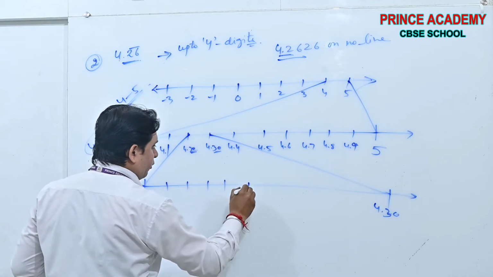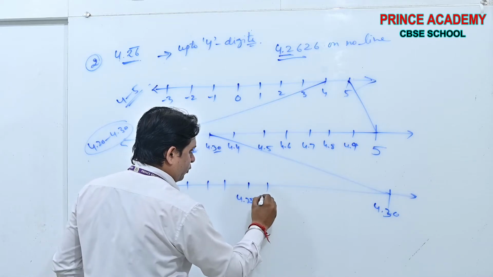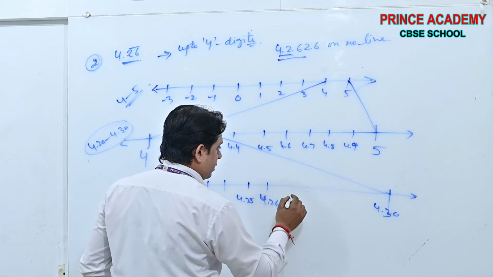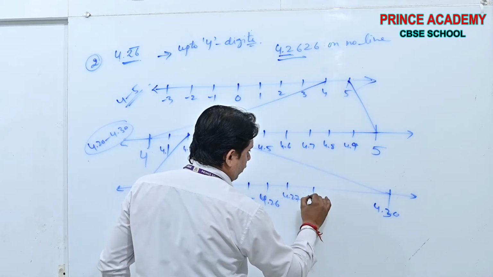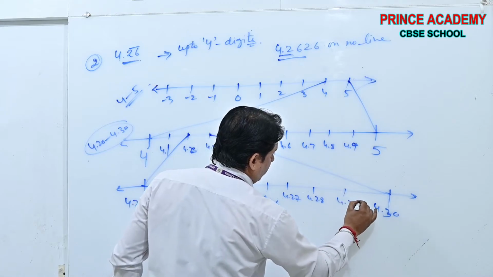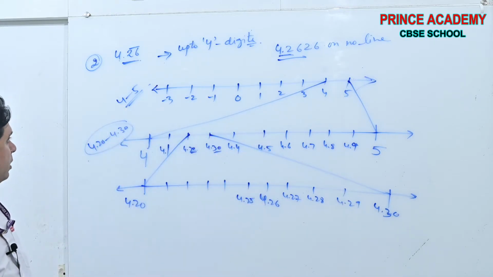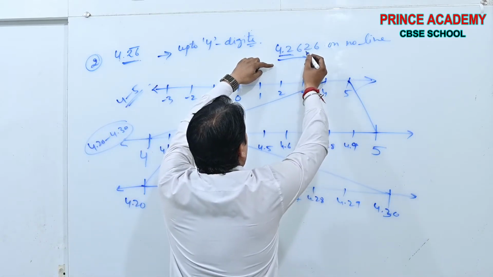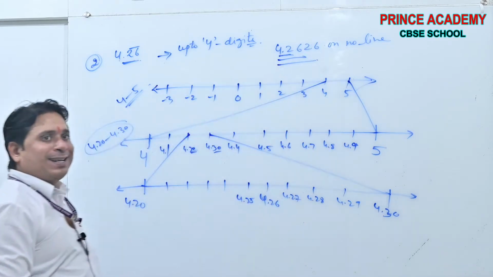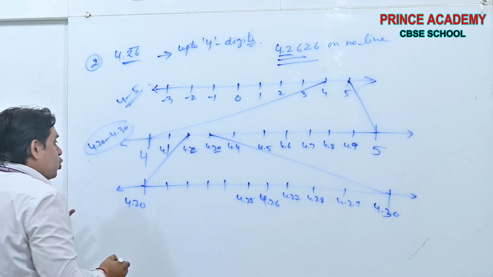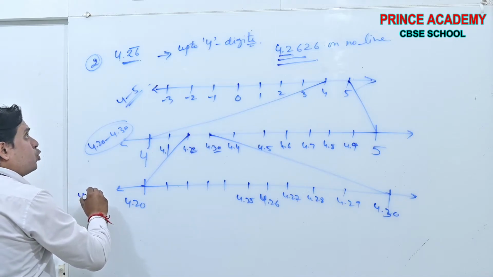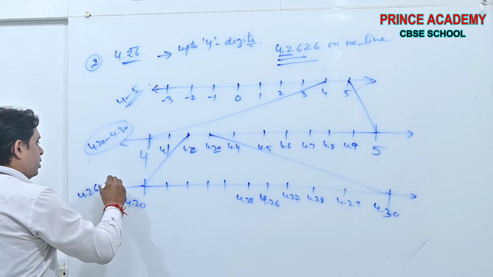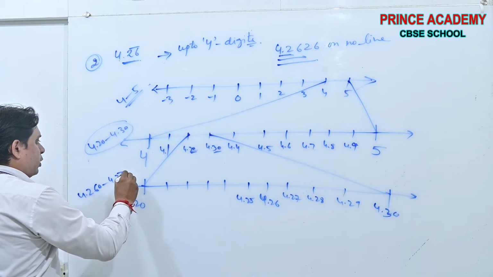2, 3, 4, 5. 4.26, 4.27, 4.28 and 4.29. Now see beta, 4.26, 4.260.